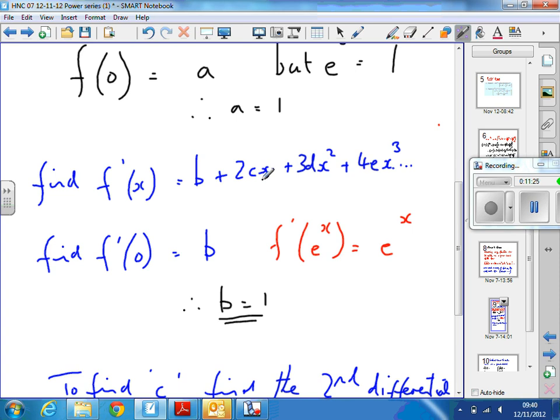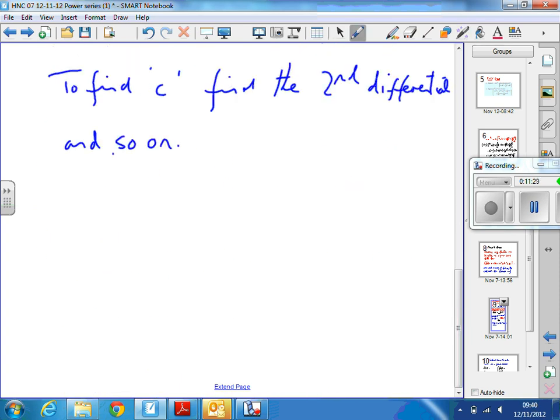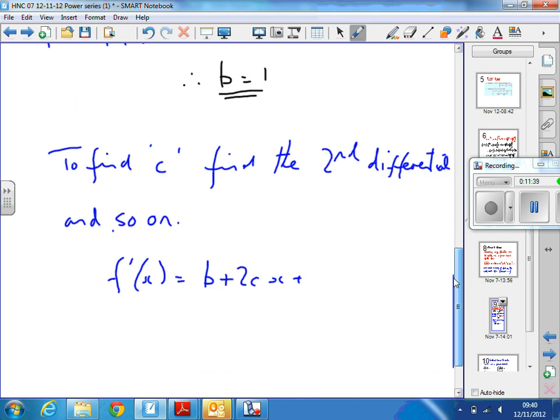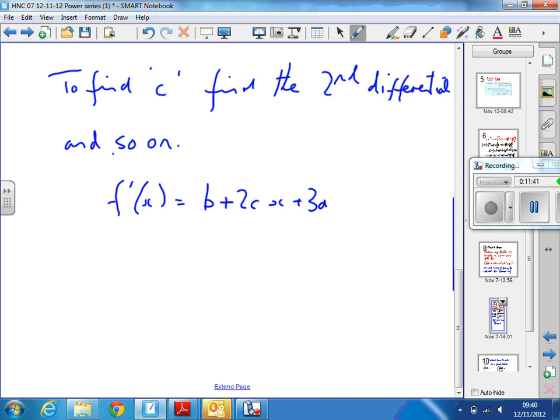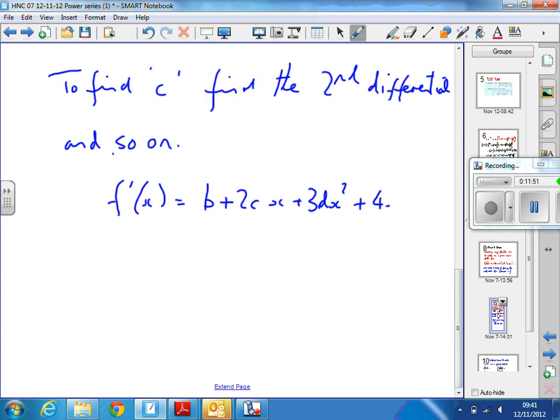So we've got f prime x equals b plus 2cx plus 3dx squared. Done it again. 3dx squared plus 4ex cubed.